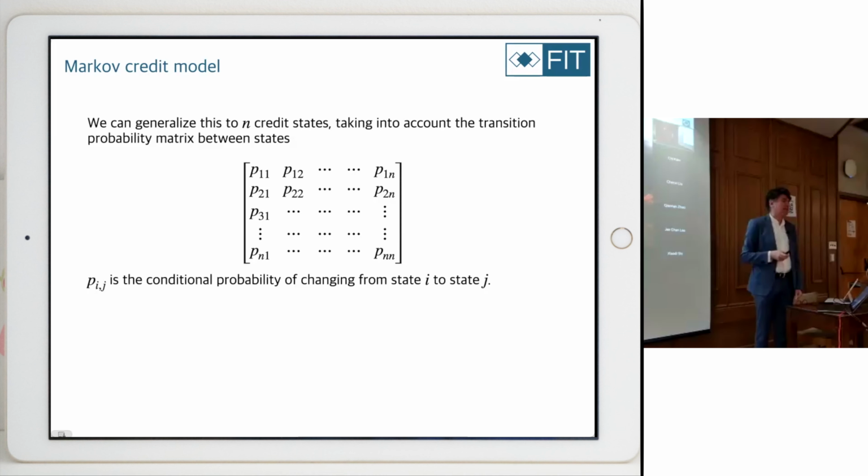If I have 8 credit states, how many degrees of freedom do I have in my Markov chain? With 8 credit states, how many degrees of freedom do I have? Let's see. The last one is very easy because the last one is default. There's no recovery.